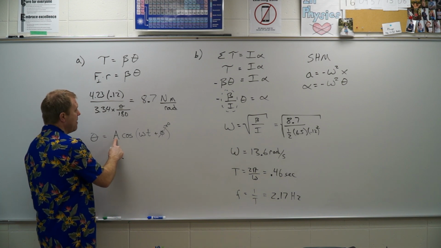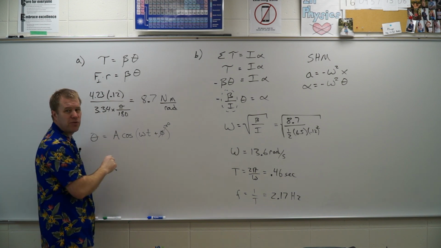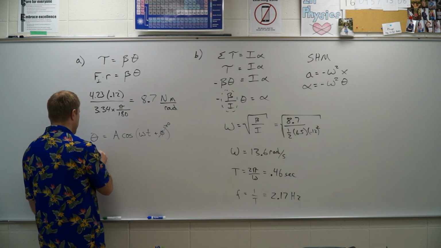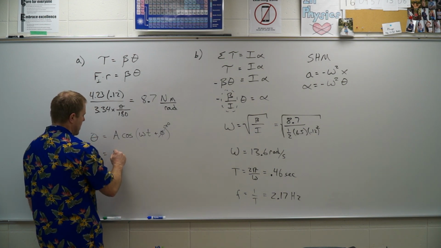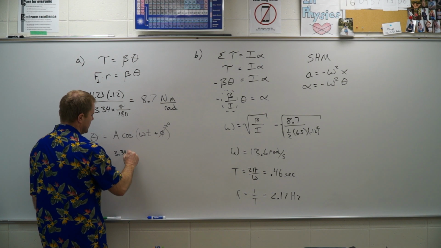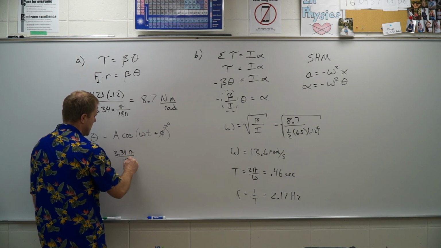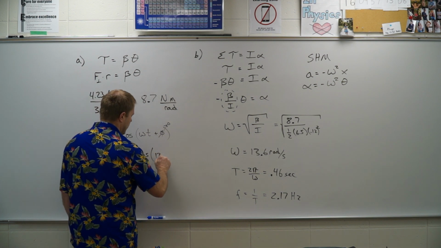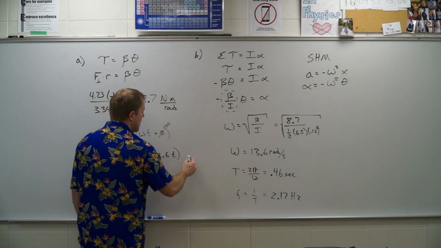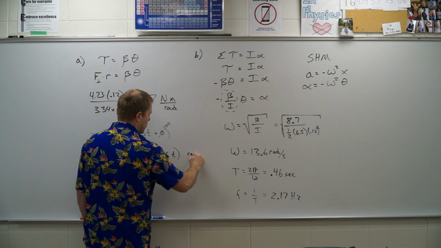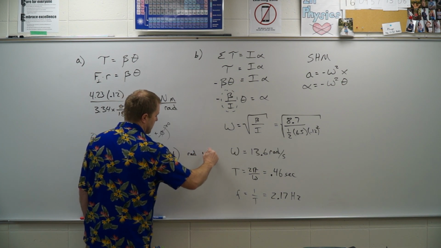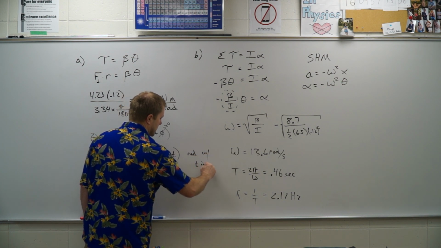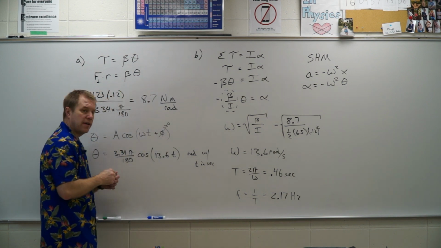I know the amplitude, it's this 3.34 degrees, but I am going to put that in radians. So theta is going to be 3.34 times pi divided by 180, times the cosine of my omega, which I just have over here, 13.6 t. And this is all in radians with t in seconds. There you go.